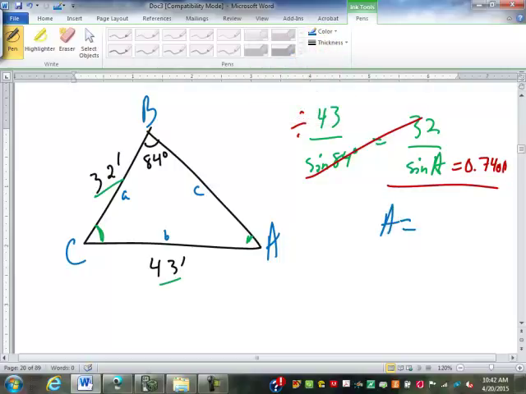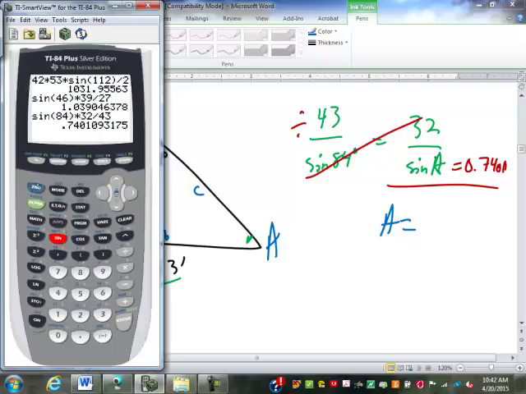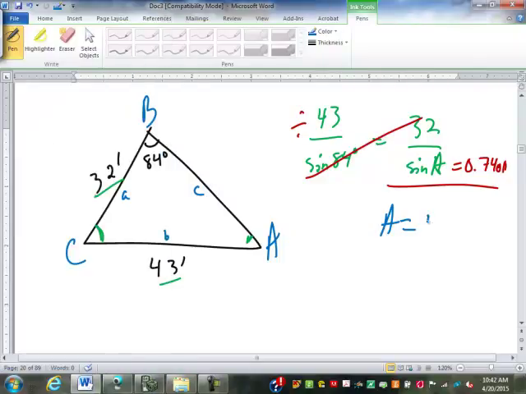So A equals inverse sine. That sounds about right, though. 47.74. So then we've got to subtract to get this one over here, which is going to be what? 48.26. Very good.